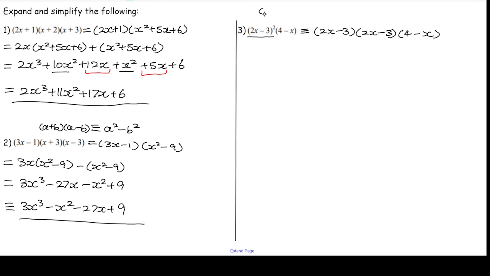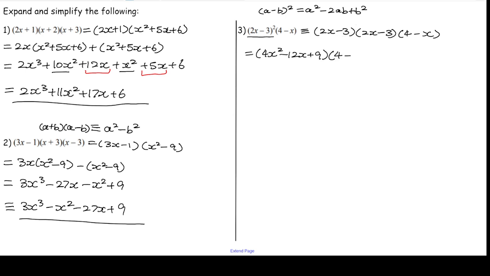Well, we used the fact that a minus b squared is a squared minus 2ab plus b squared. So we can do the same here. We can expand the first two brackets, and that will leave us with the 4x squared, minus 2ab, it will be minus 2 times 2x times 3. So that means it's going to be minus 2 lots of 6x, so minus 12x. And then b squared is the minus 3 squared, which is going to be a plus 9.